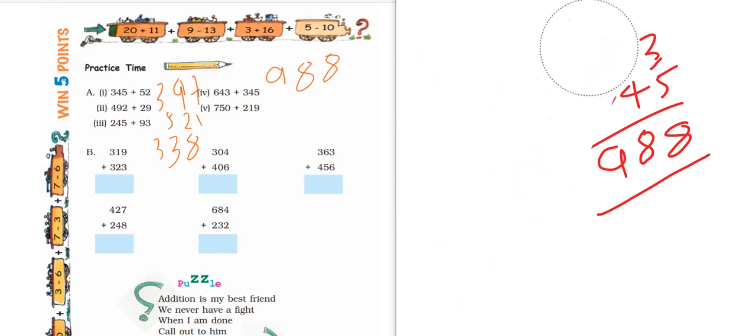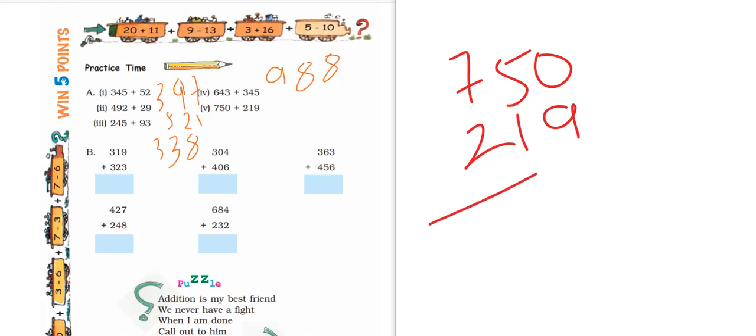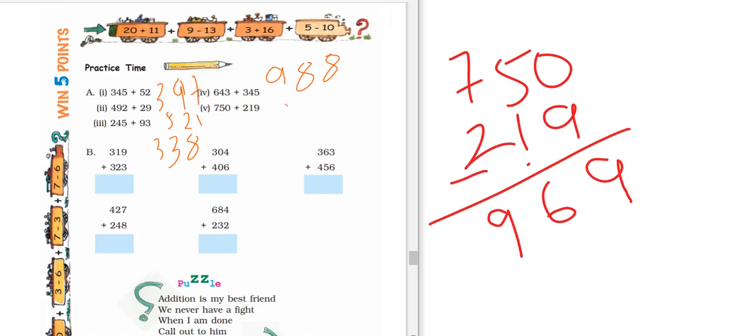The last one in this set of problems is 750 plus 219. 9 and 0 ones is 9 ones. 5 tens and 1 ten is 6 tens. 700s and 200s is 900s. You get 969. Okay.